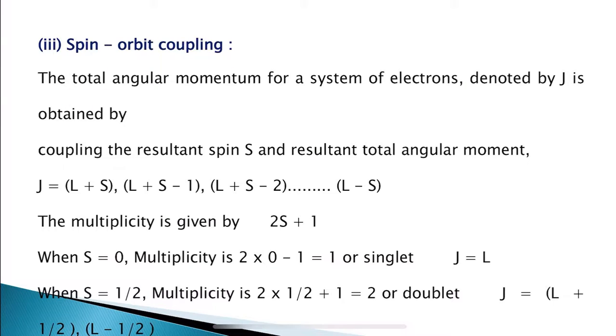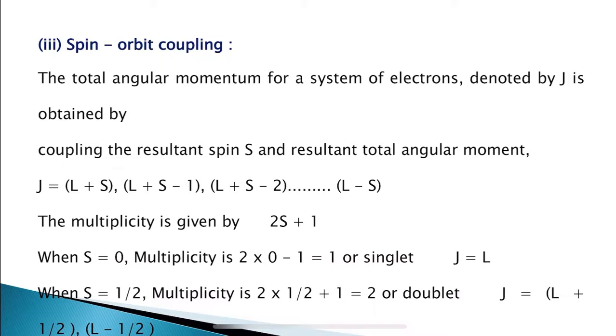The total angular momentum for a system of electrons, denoted by J, is obtained by coupling the resultant spin S and resultant total angular momentum. Now you have to understand what is meant by L, what is S and what is J here.